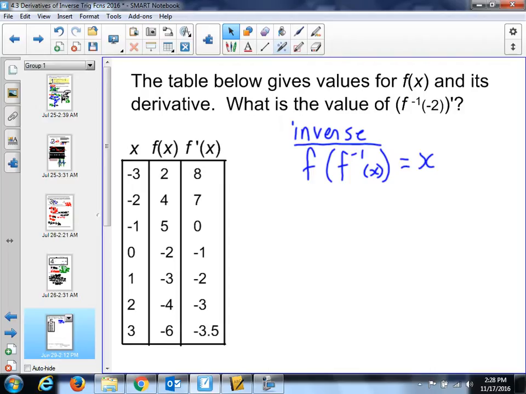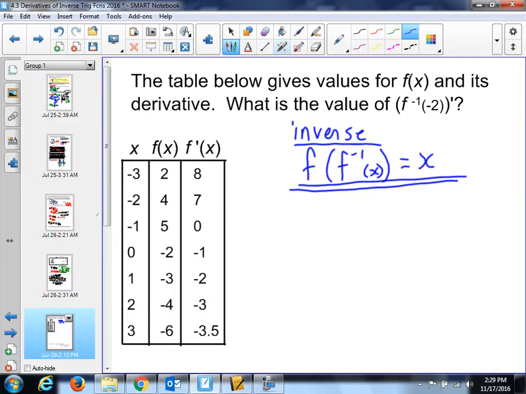Then we want the derivative of the inverse expression. So let's just apply the chain rule. We do the derivative of the outside, f prime, of, leave the inside alone, then do the derivative of the inside.